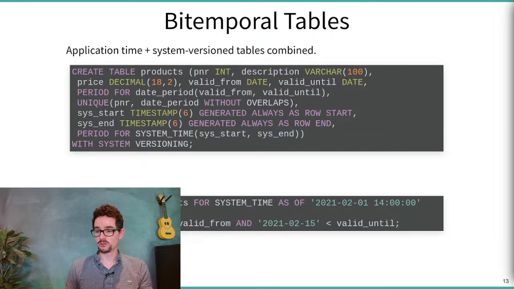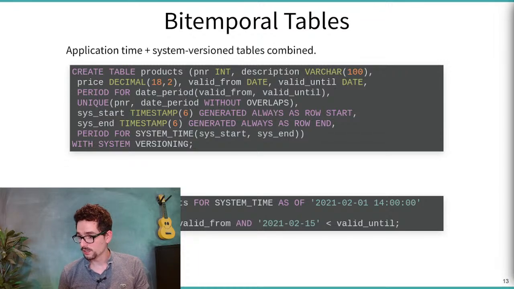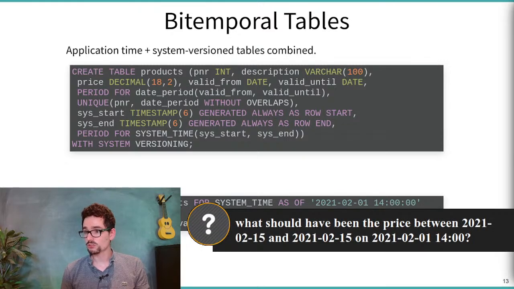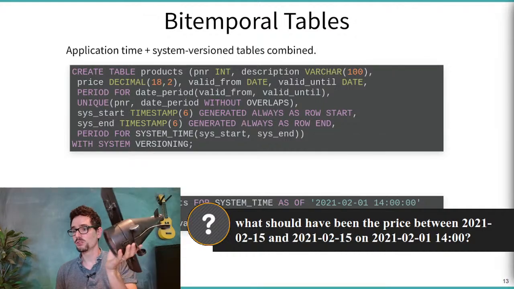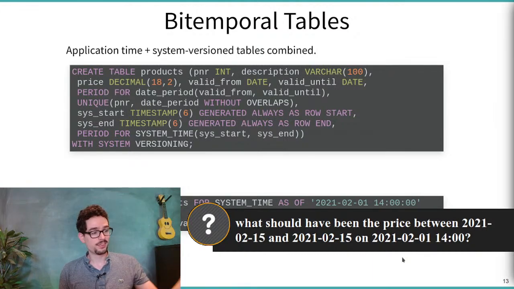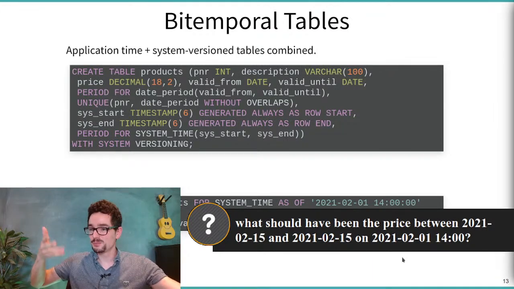I give you the solution to the query that I have on the slides, and there was already in the chat a good solution. What should have been the price? Yeah, not between, but on the 15th of February, on the 1st of February, 14 o'clock. So I travel back in time to the 1st of February, and then I ask what should be the price on the 15th of February.